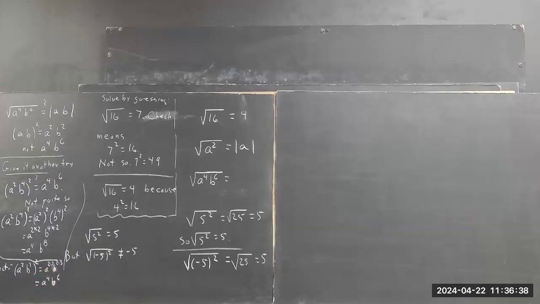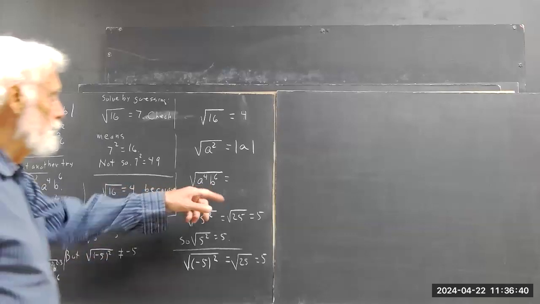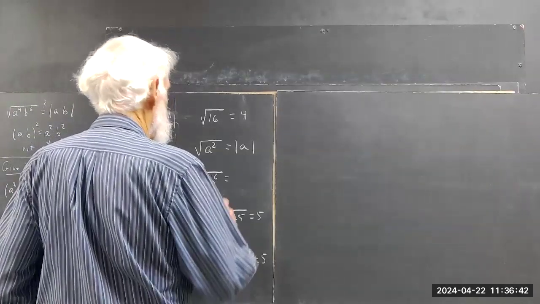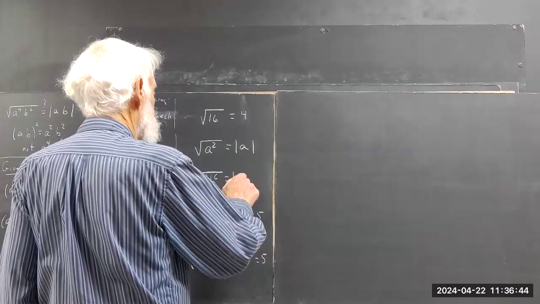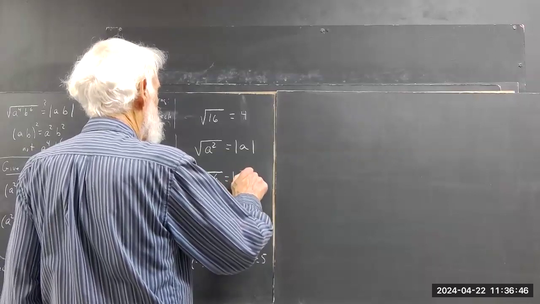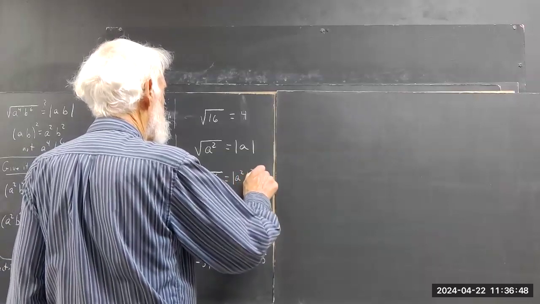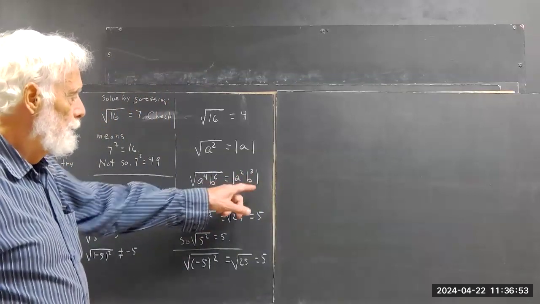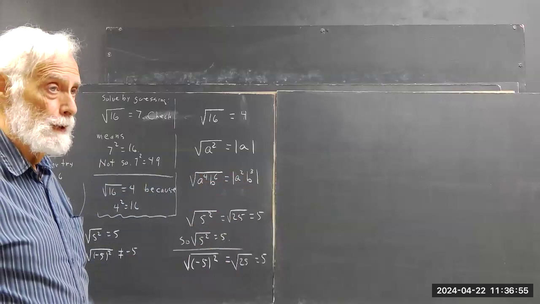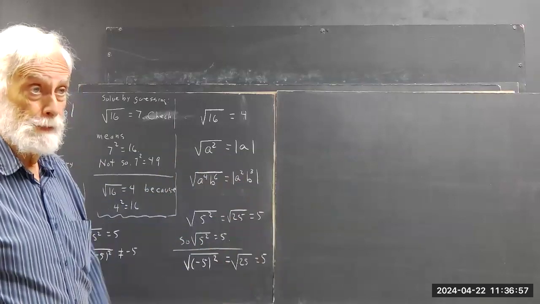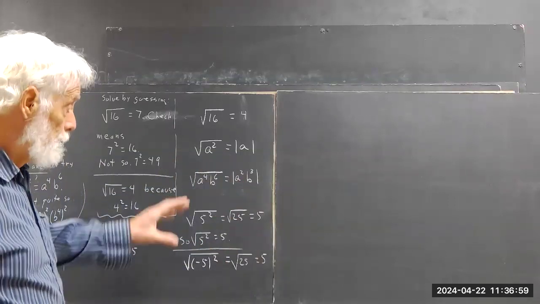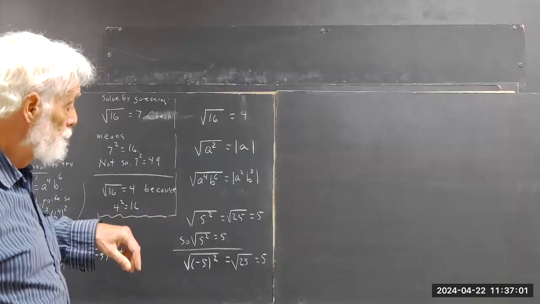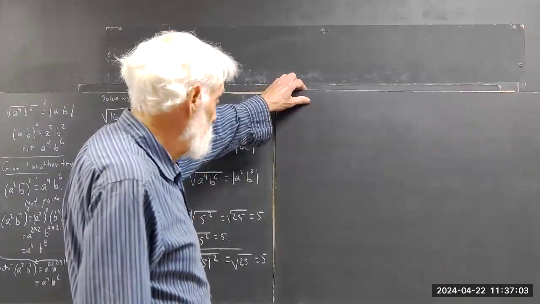So the square root of a to the 4th, b to the 6th is the absolute value of a squared b cubed. If I multiply a squared b cubed by a squared b cubed, I get a to the 4th, b to the 6th. Again, we've got to be real careful about the rules for exponents.